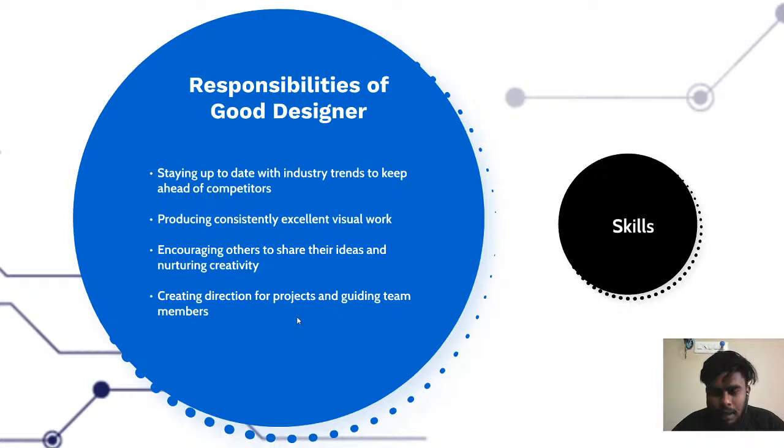And you should guide your team members. Guiding is not only telling them to do this work or that work. Guiding plays a role in which you help them in every aspect. So these are the responsibilities of a good graphic designer, from self-learning, adapting, sharing your ideas, and becoming a leader. So okay, responsibilities aside, next we move on to skills.